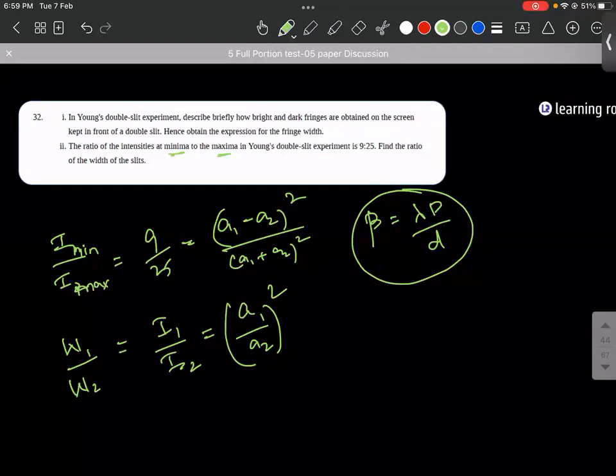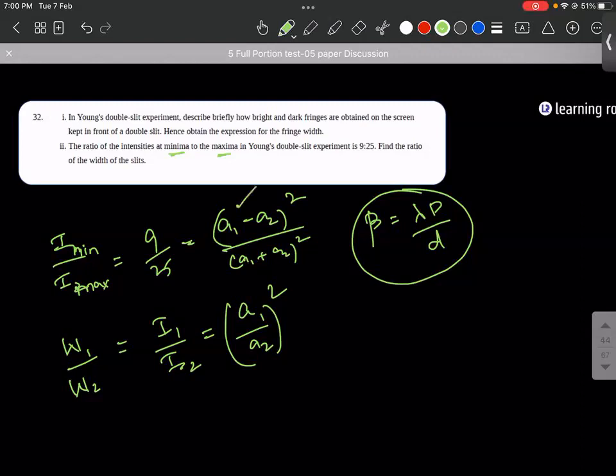This is how it works. One minute, let me check. Directly proportional, A1 by A2 is the square root of I1 by I2. So what I wrote is correct.